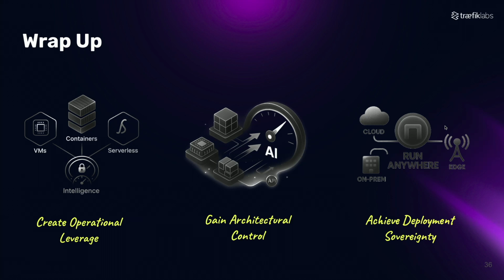So step one would be work with us. Let's deploy Traefik as an application layer in your environment so that you can start to define the policy layer that you're going to write once. That will work with your VMs. And then when you introduce the containers, the same application routing layer can route to both of them.